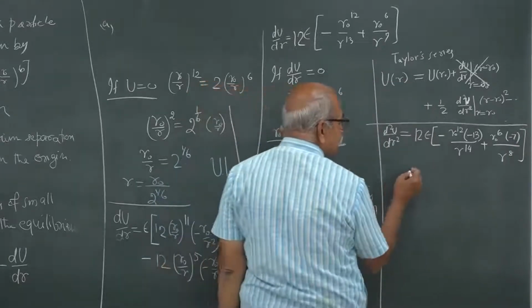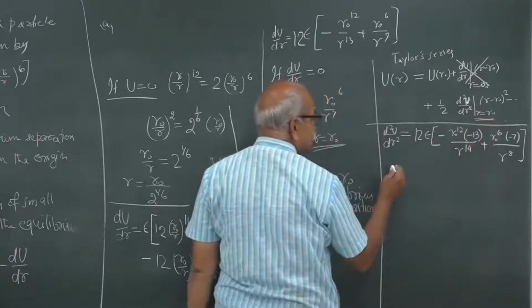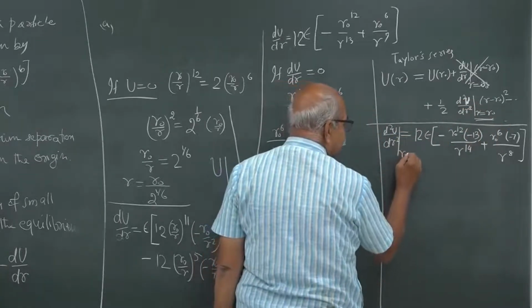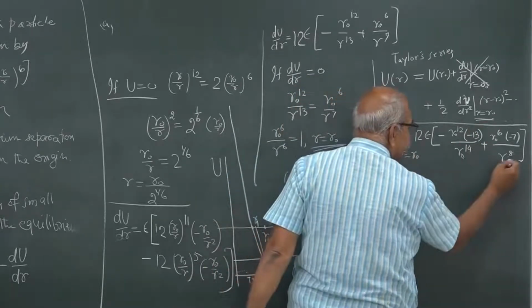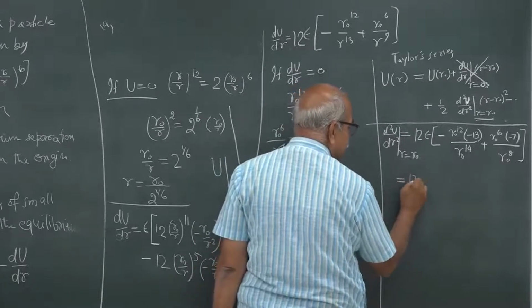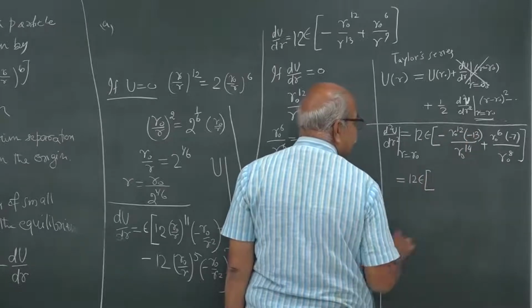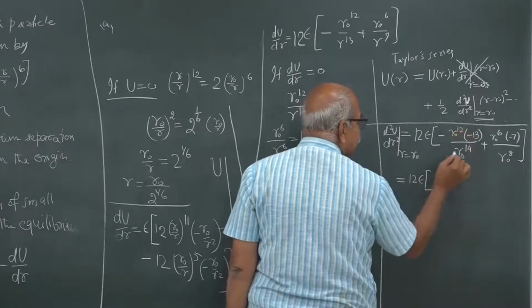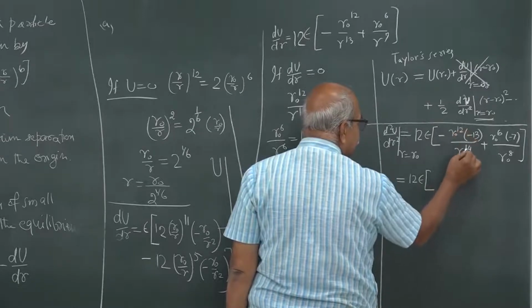And it has to be evaluated at r equal to r naught. So, if I write r equal to r naught, every r becomes r naught. Then what happens? Then it is 12 epsilon, this minus and this minus is plus, r naught to the power 12 divided by r naught to the power 14.